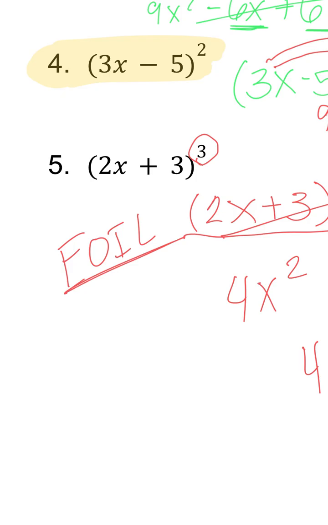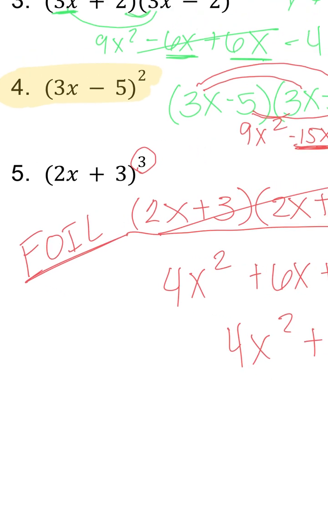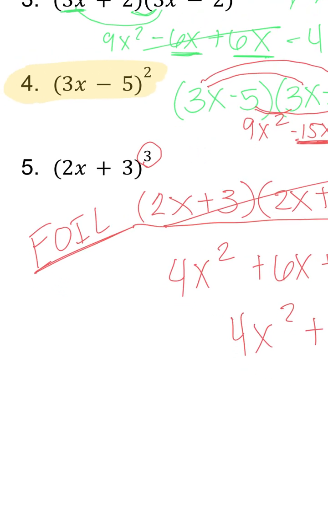Now let's bring down this parenthesis that's left, that 2x plus 3. Okay, now we have to multiply this. There are a couple ways to do it, but I'm going to show you guys one way that might hopefully help make it a little bit easier. Okay, so what we're going to do is use this box. Let's go ahead and use a rectangle.